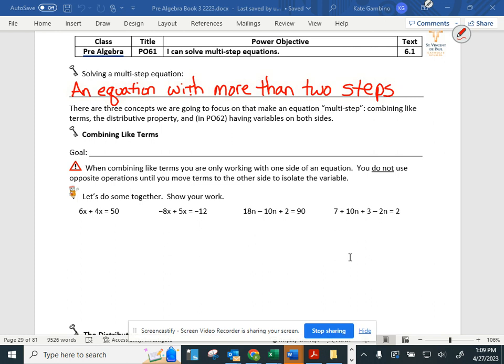So combining like terms, our goal for doing that, when we're doing what we just did in our last objective, why are we combining the like terms? We want to simplify equations by combining like terms. It's just to simplify them. We are combining them to simplify it.